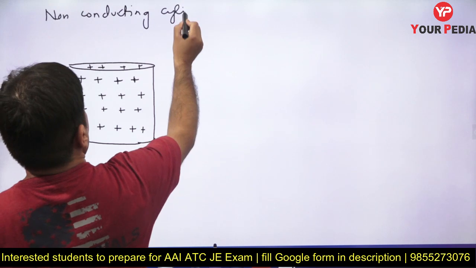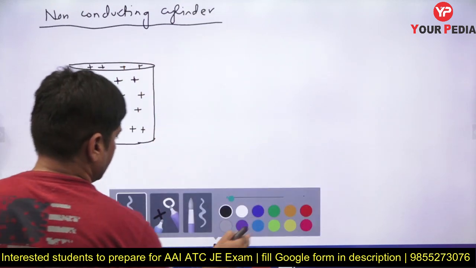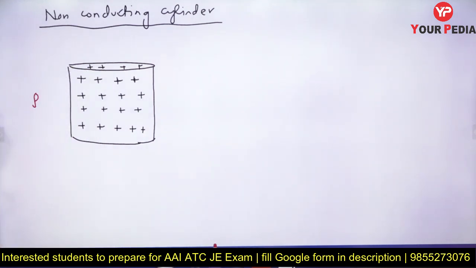In this case, because it is a non-conducting cylinder, they will give you the volume charge density as rho.